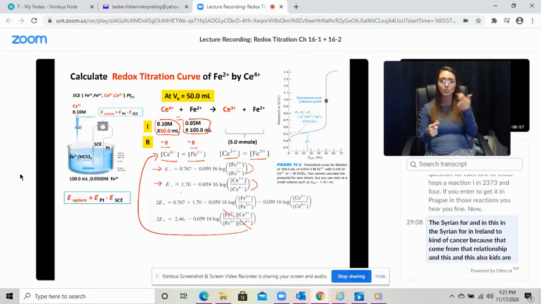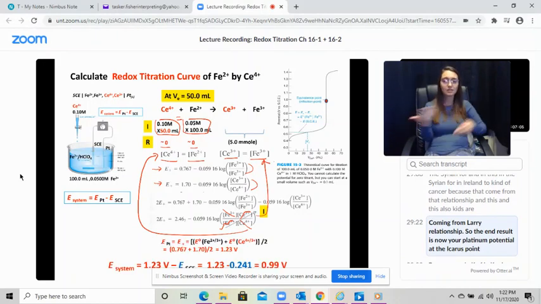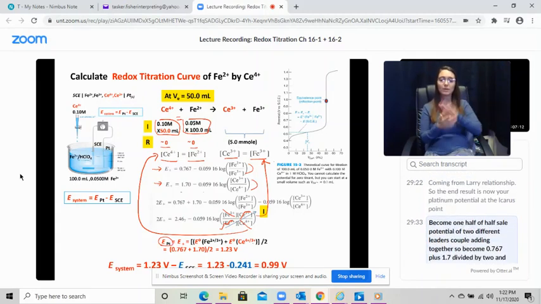And this also cancels out coming from that relationship. So the end result is now your platinum potential at the equivalence point becomes 1/2 of the half-cell potentials of two different redox couples added together.